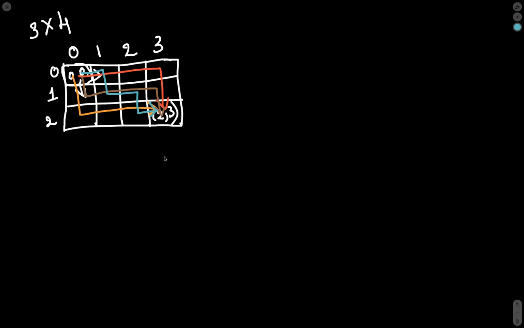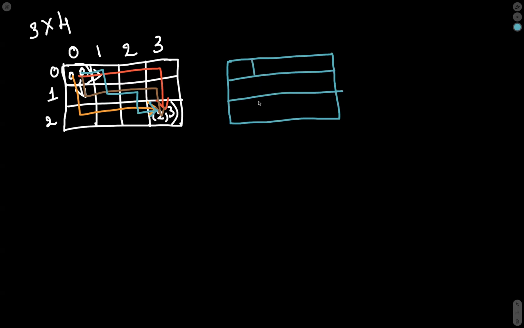And for visualization, I am taking one more matrix here, the same thing, 3 rows and 4 columns. Suppose this is my destination.